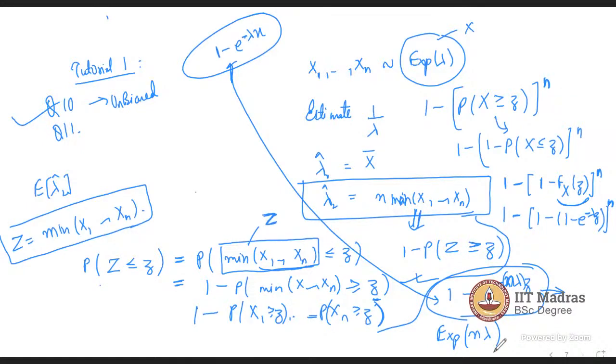Fine. So now go back to our original question. This minimum of x1 to xn follows exponential with parameter n lambda.